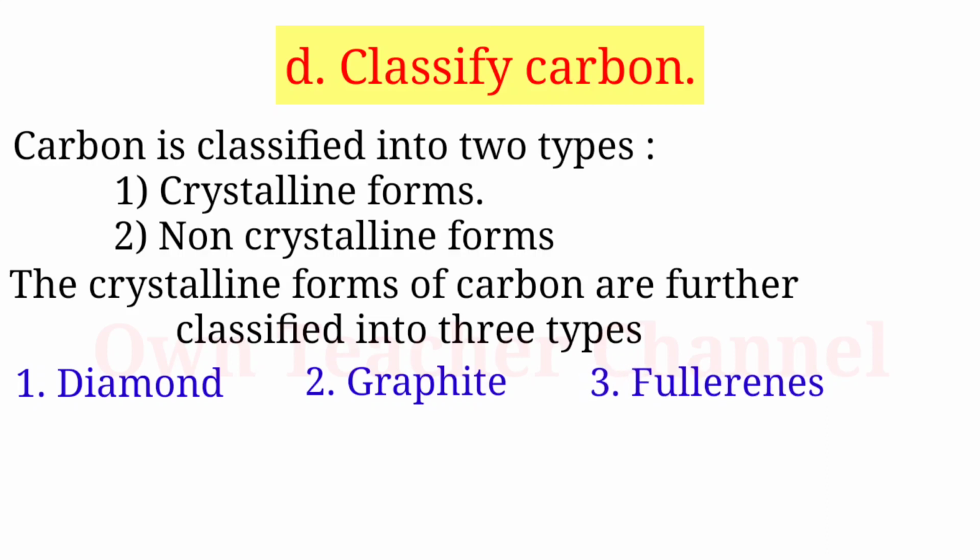Fullerenes. Fullerene is rarely found in nature but is found in soot and interstellar space. A molecule of fullerene consists of 30 to 900 carbon atoms. Fullerene molecules are found in the form of buckyballs and buckytubes.